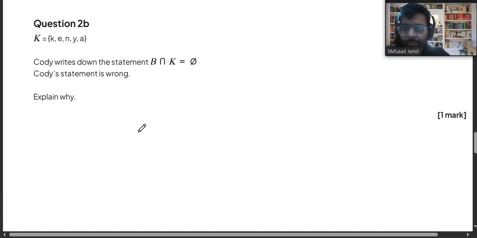In question 2b, we have K, Kenya. Cody writes down the statement that B intersection K is not equal. Cody's statement is wrong. Explain why.